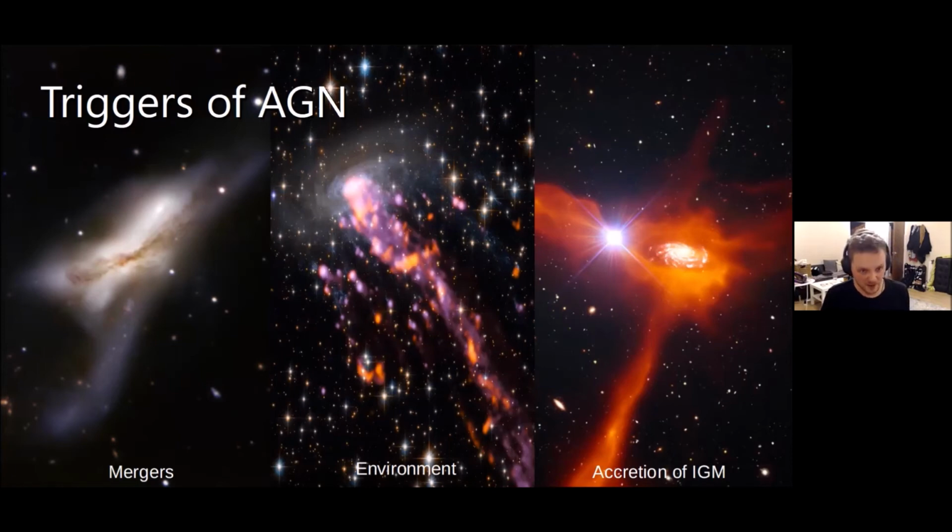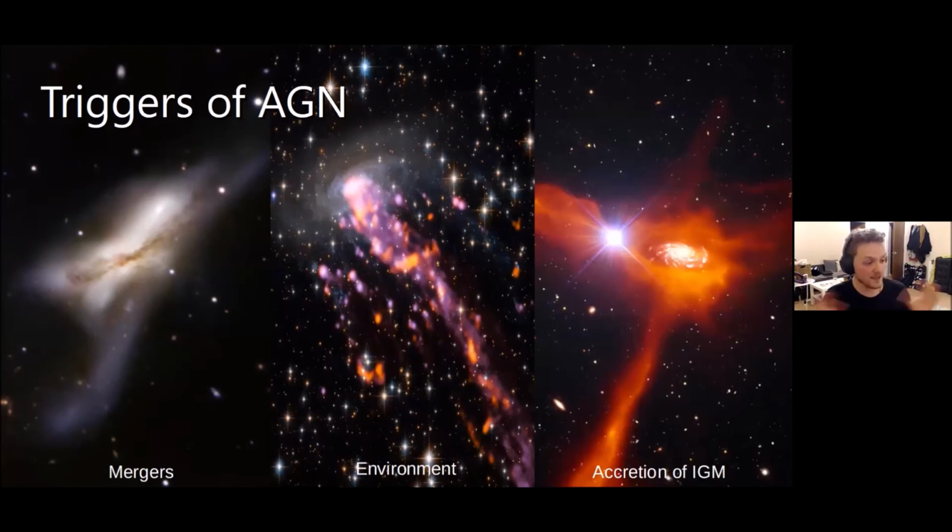You can almost see the direction of this galaxy. It's moving up and to the left, and it's moving through some gas between the galaxies, and this gas is stripping and disturbing the gas in the galaxy. This disturbance is also suspected to be a trigger for some AGN activity in some galaxies.